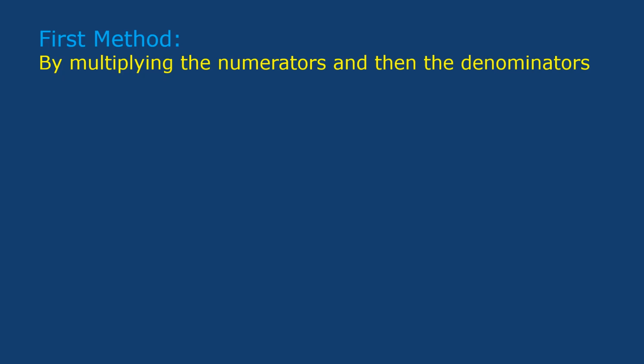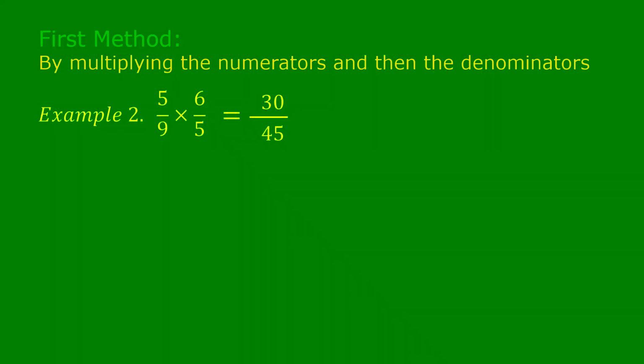First method, by multiplying the numerators and then the denominators. Example number 2. 5 over 9 times 6 over 5. Step number 1, multiply the numerators. 5 times 6 is 30, and then multiply the denominators. 9 times 5 is 45.